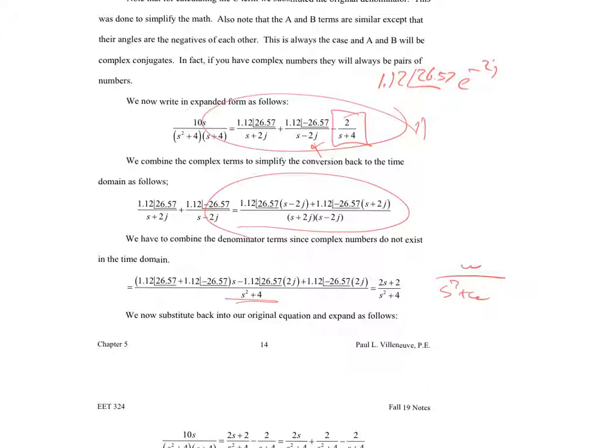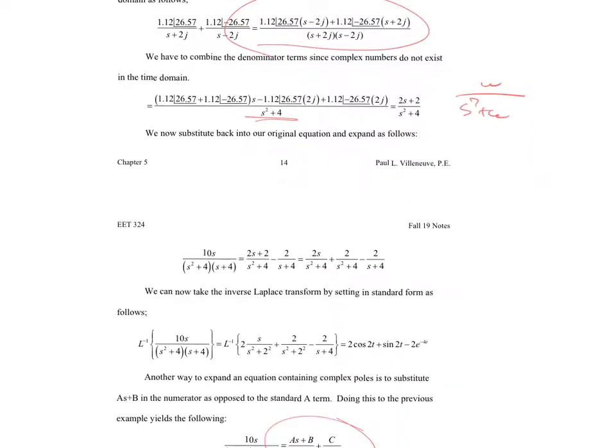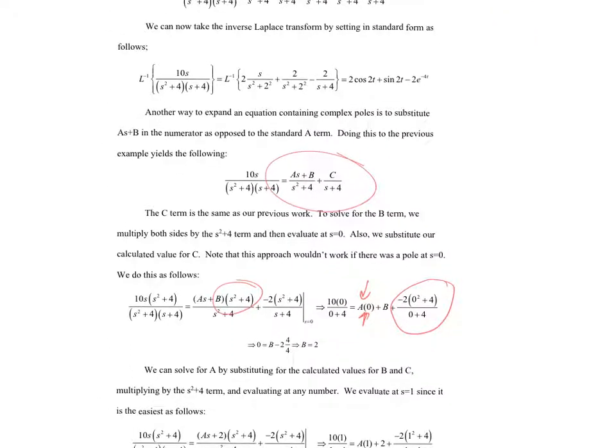So this C term that we calculated, minus 2, we are going to substitute into here. So we can immediately solve for A and B because we have solved for C.